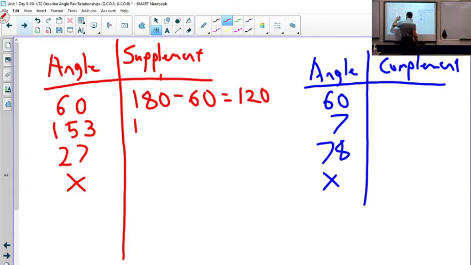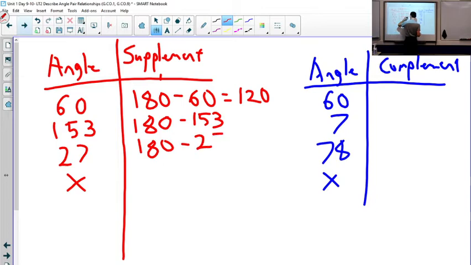So if the angle is 153, I'm not going to write down the answer anymore. I'm more interested in this pattern of subtraction. 180 minus 153 will give me the supplement of the angle. If the angle is 27, then I would take 180 minus 27, and that would give me the supplement of 27. So if the angle is x, that's not going to change anything.